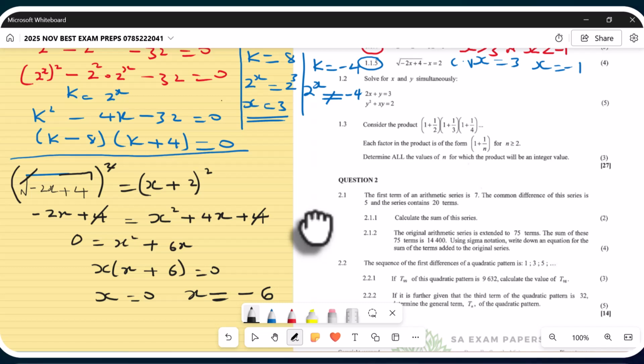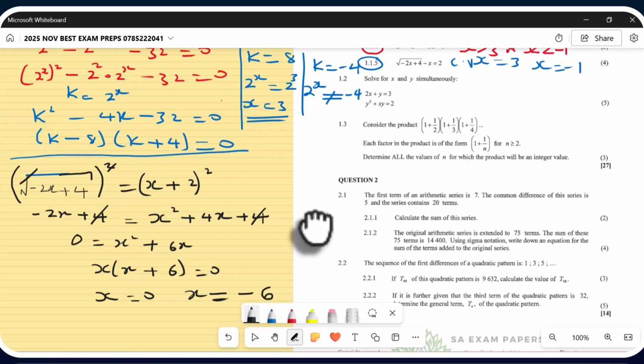With negative 6 now, negative 2 times negative 6, I get positive 12. 12 plus 4, I get 16. Root of 16 is 4. And then 4 minus negative 6, it is 10. So it means it does not apply. By the way, that's a marking point. So in the marking here, there's a mark for this one and a mark for this. Okay. Hope we are together.